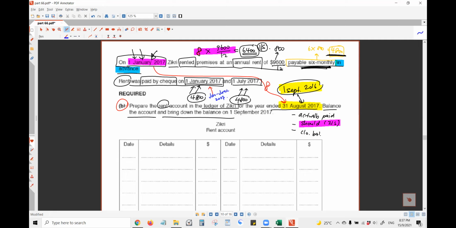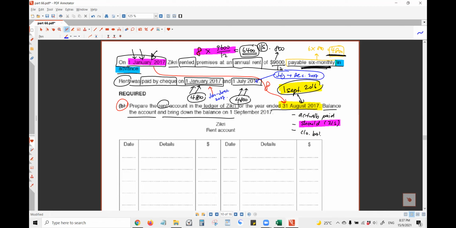He paid on the first day of this 6-month period. On July 1st, 2017, for which months' rent does Zikri pay? He's paying for July until December of 2017. He paid on the first day of this 6-month period. That's why it's in advance.